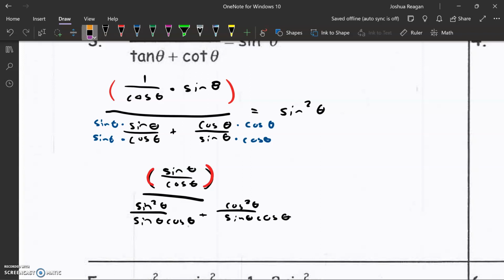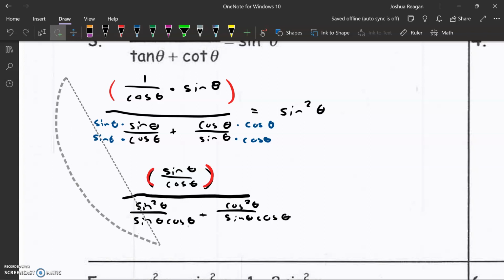So let me make this line a bit bigger so it's clear we have one big fraction. Okay, so on the bottom here, we can combine these fractions.